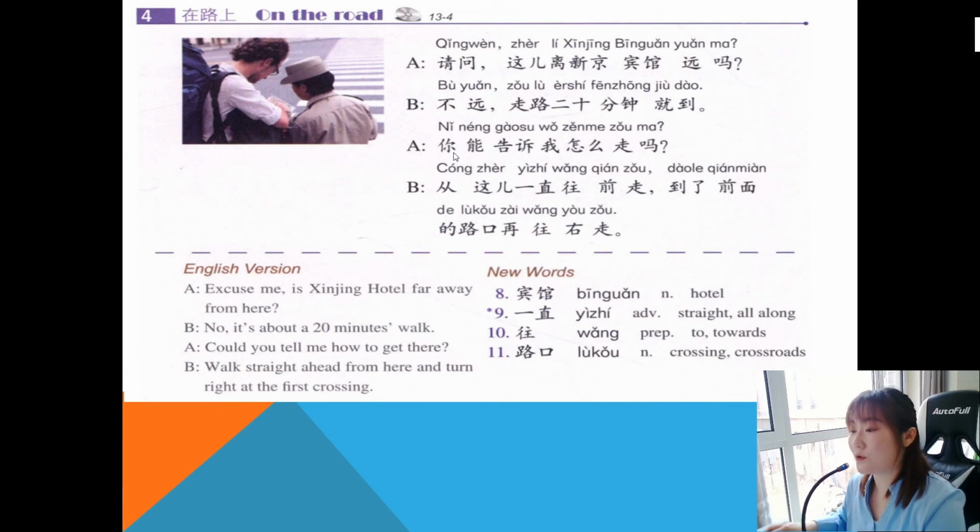I think it's hard for you to express the direction and how to get there. So let's read twice from here.